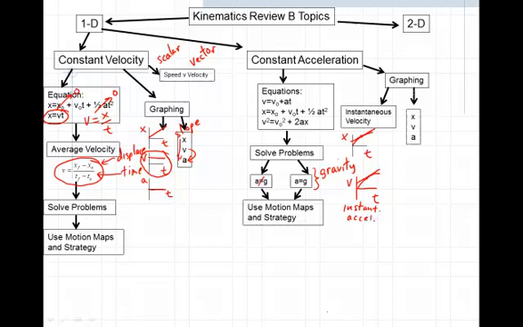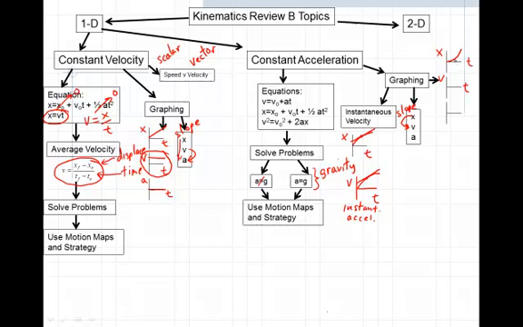Okay, so there's also graphing that we would have to do. So for constant acceleration, one of the possibilities would be a graph that would look like this. So on the velocity time graph, I would need to go from there to there, and I would use the slope.